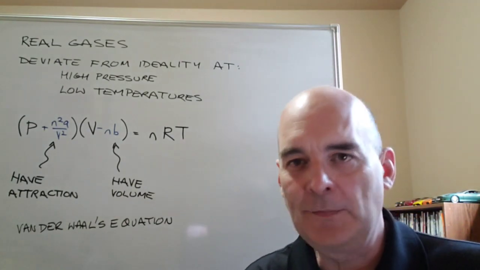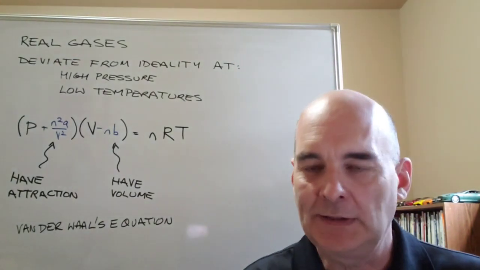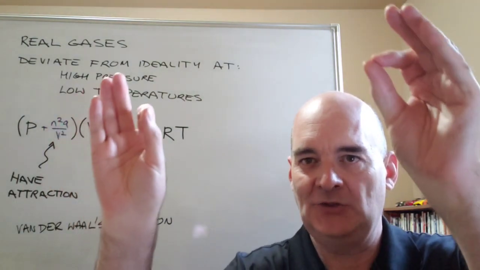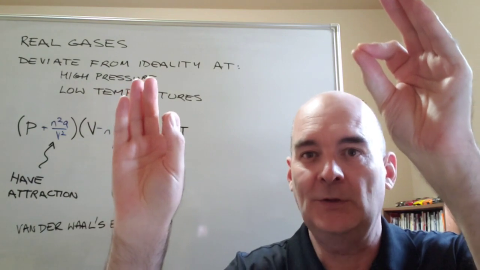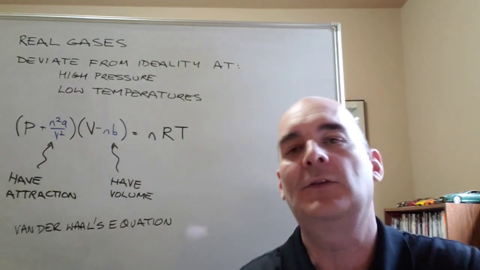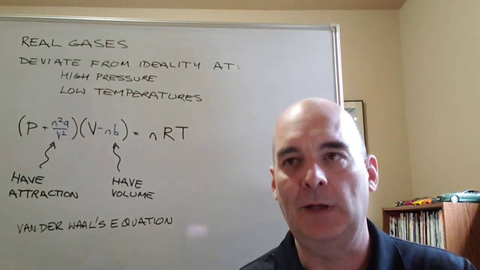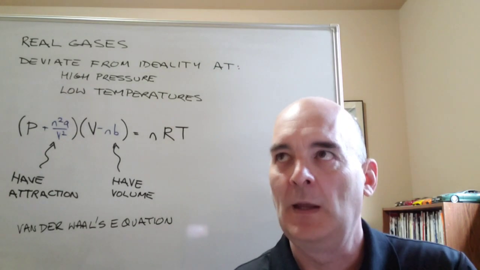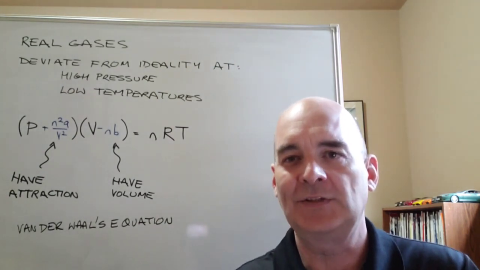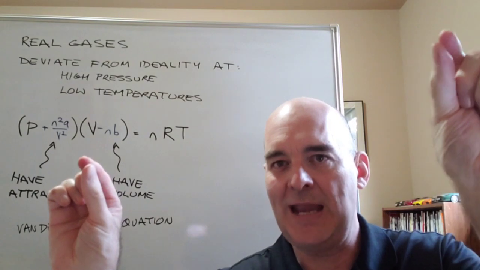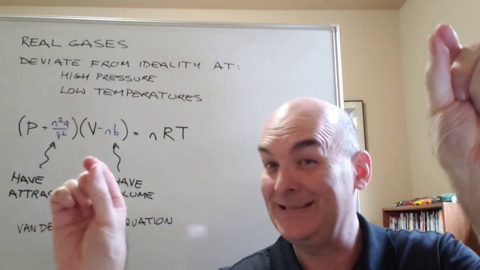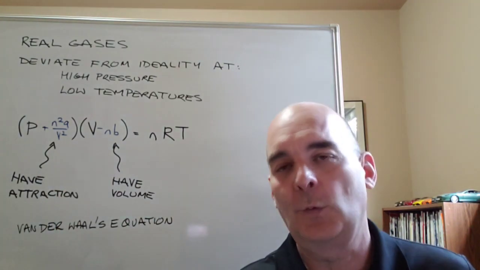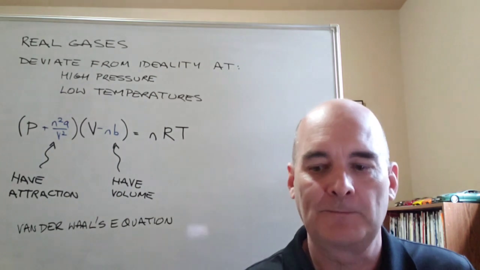Some of the assumptions that we make about ideal gases are that when two particles pass each other, there is no interaction between those particles, so they don't deviate the path of the other particle around it. There's no attraction or repulsive force between particles. And that the size of the particle itself is negligible in terms of the distance between the particles, so that we don't have to worry about them having any intrinsic volume.